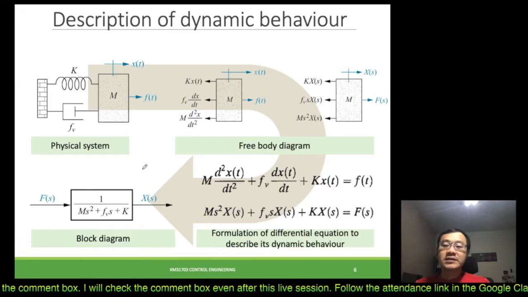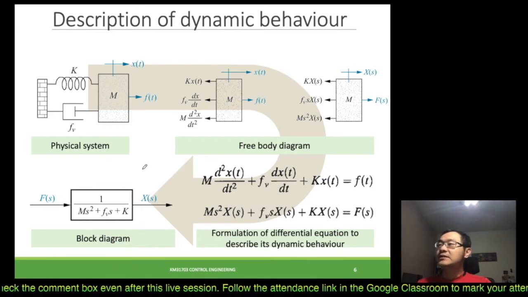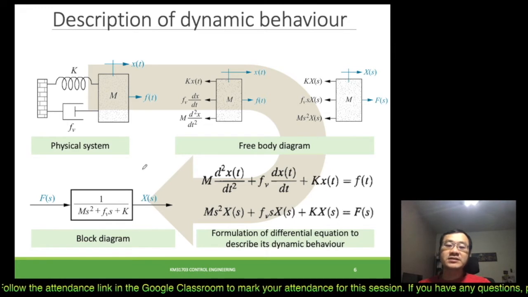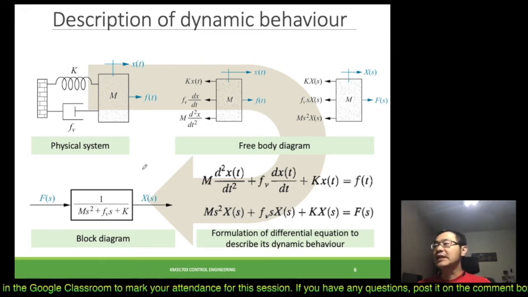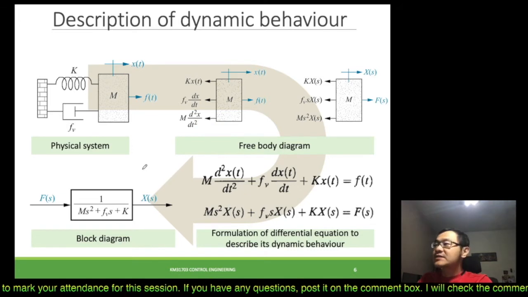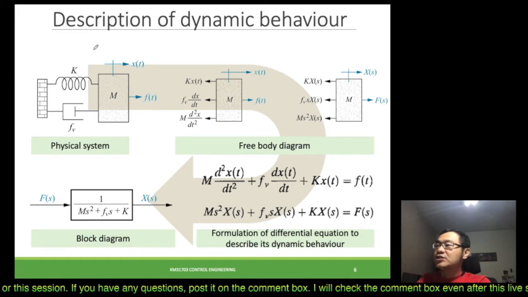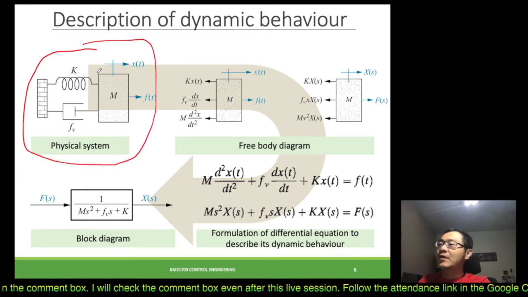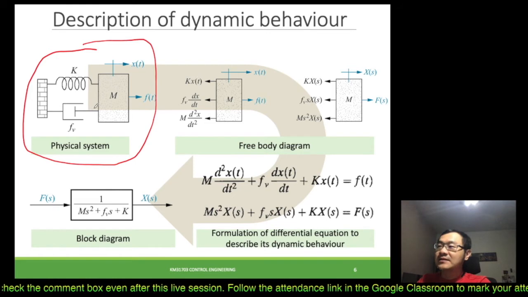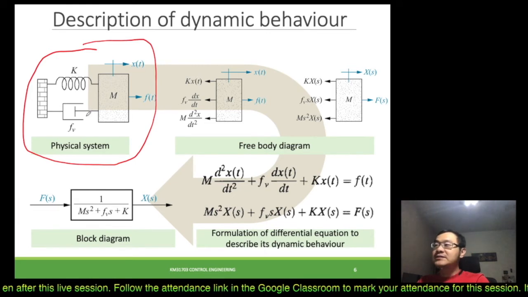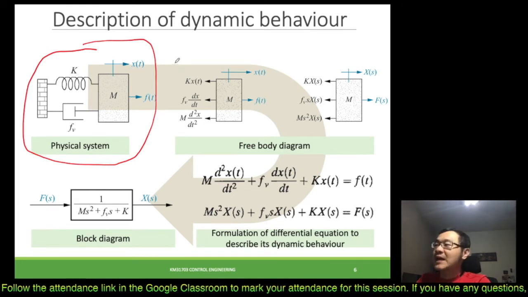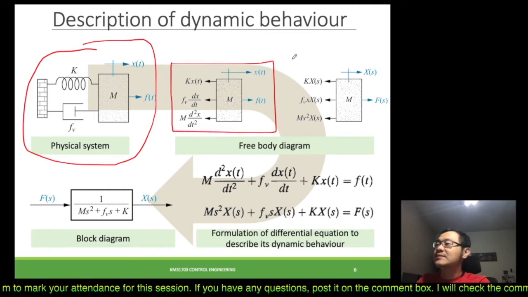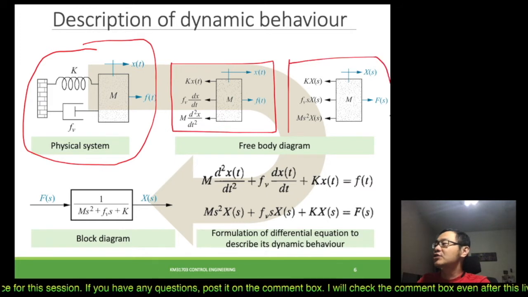Here we would see the description of a dynamic behavior being translated from a physical system to a block diagram. The first picture shown here refers to a physical or mechanical system, a spring-mass-damper system. This system can be separated or simplified into free body diagrams as shown here.